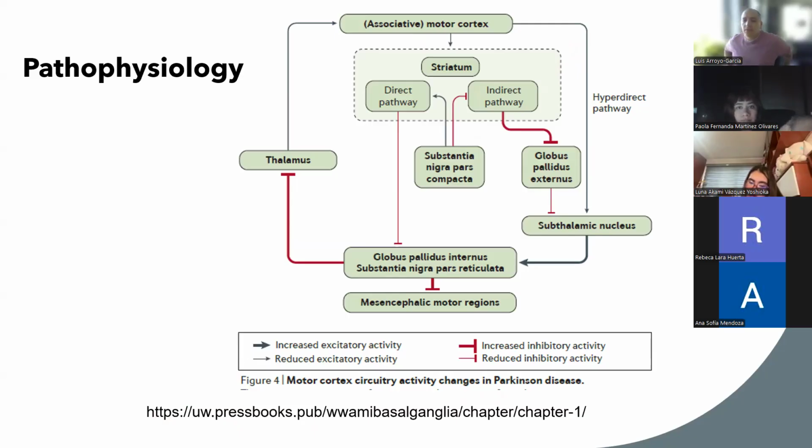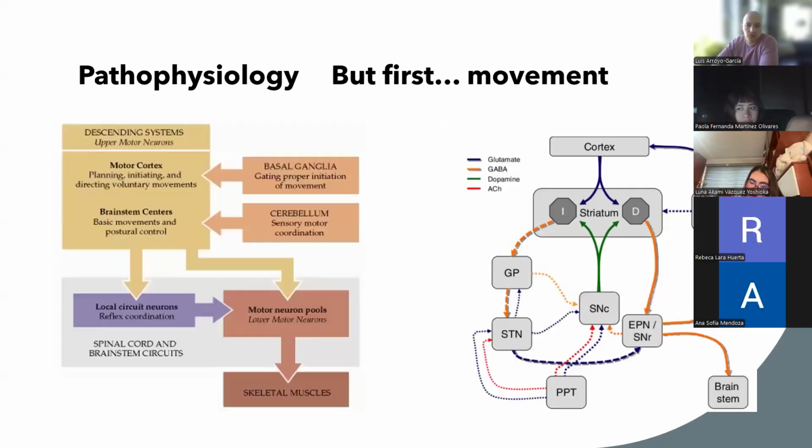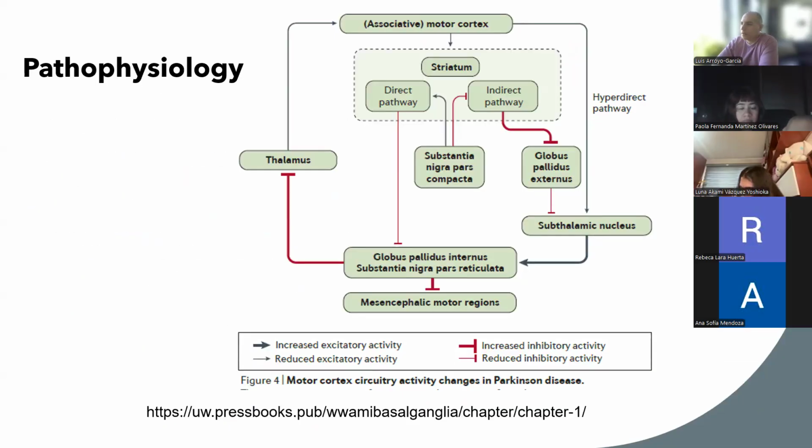This is how it should work in the brain, and this is what happens in Parkinson's disease. In the substantia nigra pars compacta, there are dopaminergic neurons, but they don't have a strong connection to the direct pathway because many of these neurons are dying.